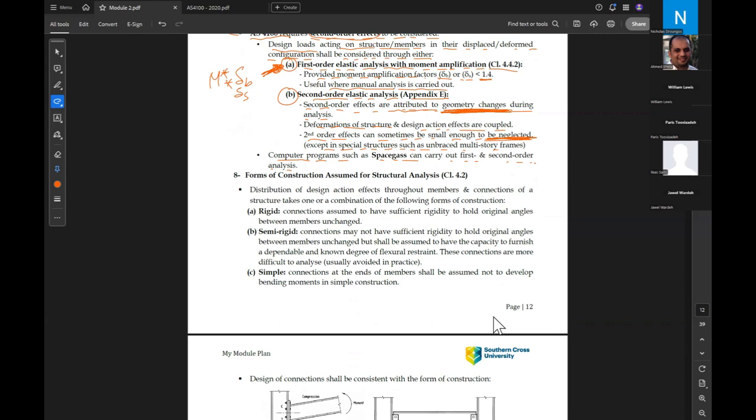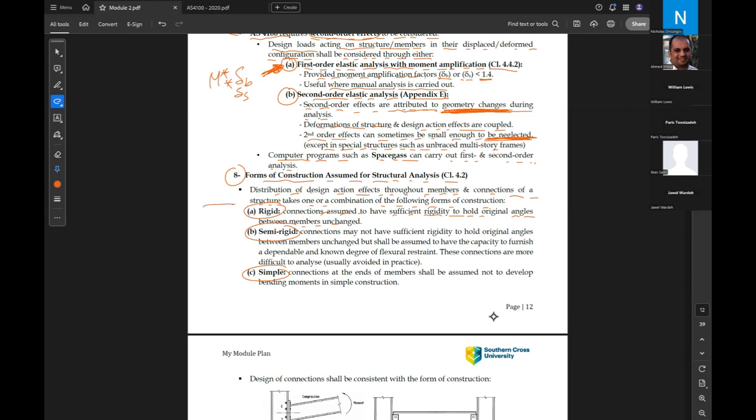Okay, so these are some forms of construction assumed for structure analysis. The distribution of design action effects throughout members and connections of a structure takes one or a combination of the following. The connection can be rigid, semi-rigid, or simple. The rigid connection is assumed to have sufficient rigidity to hold the original angle between the members unchanged.